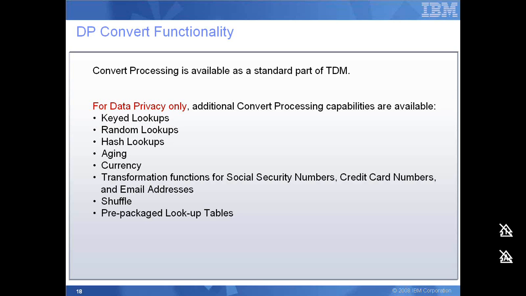When additional licenses are purchased for data privacy, you will have additional convert processing features such as keyed lookups, random lookups, hash lookups, aging, currency, and a number of prepackaged lookup tables. So TDM has certain elementary data privacy features, and if you want a more robust, enterprise-level data privacy solution, then you will have to get additional licenses for Optim Data Privacy.